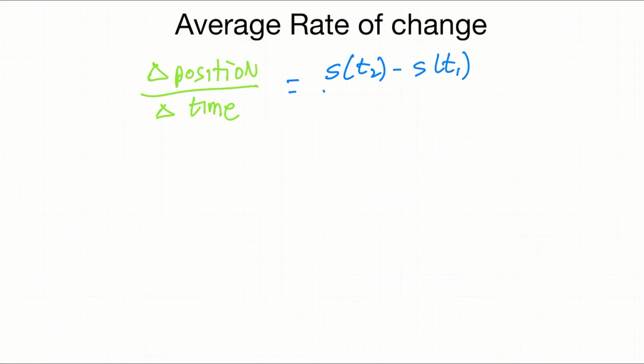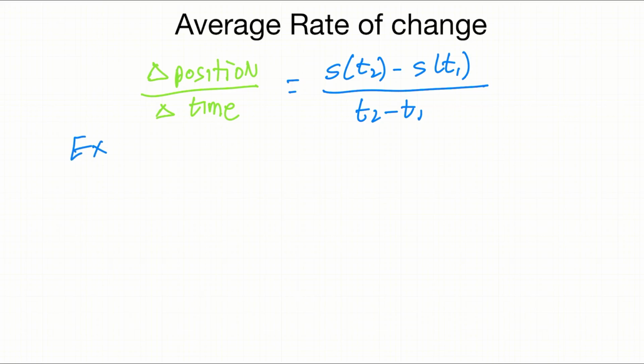So if we expand this idea of change in position, it's the change in S, S at t2 minus S at t1, the change in position, over t2 minus t1, the change in time.